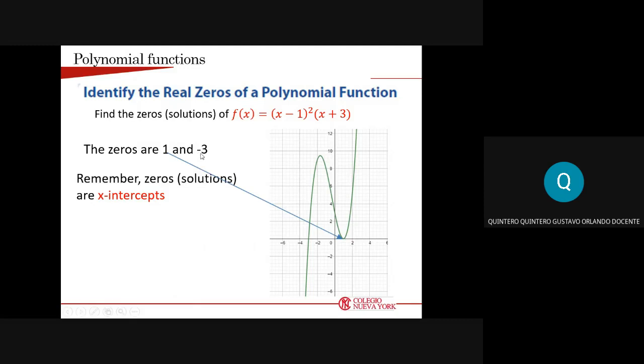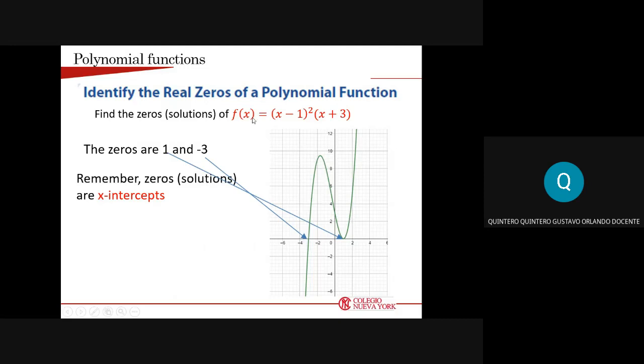And the other one, -3, it is right there. This is another x-intercept, right in the middle of -4 and -2. How beautiful is this? Two zeros, two solutions are also x-intercepts, and we can see this by the graph, right?